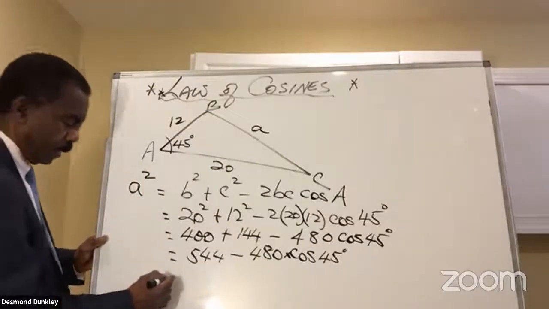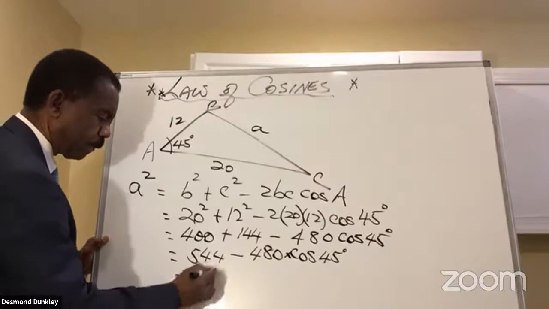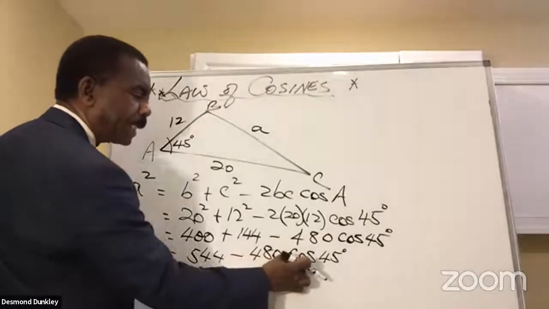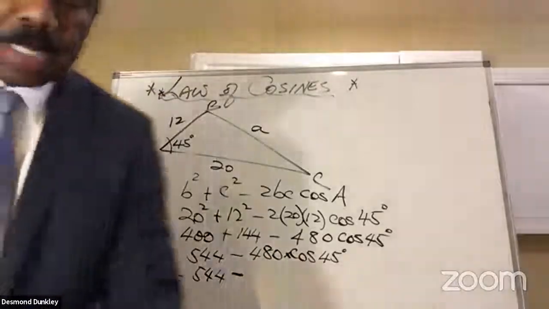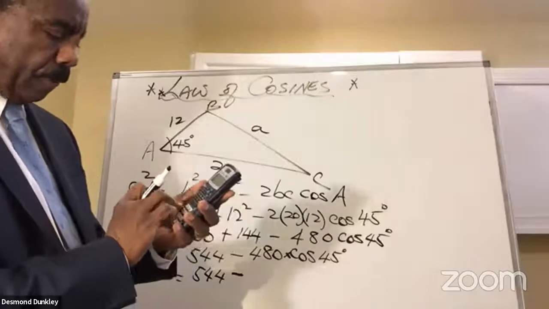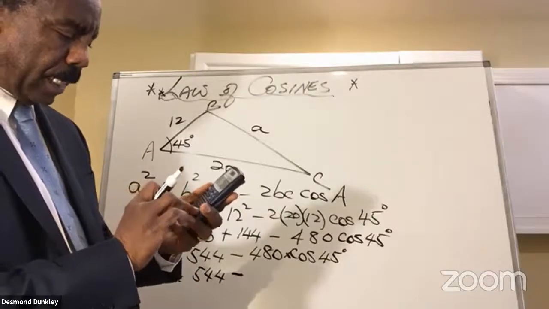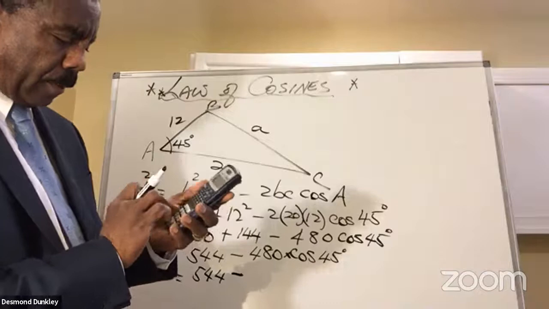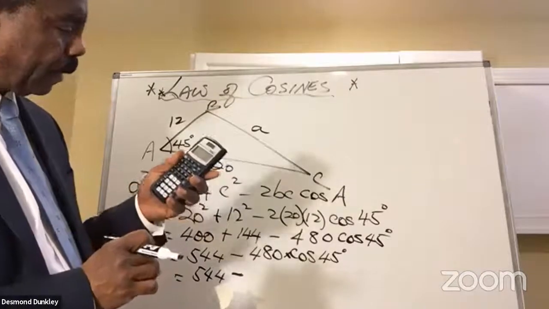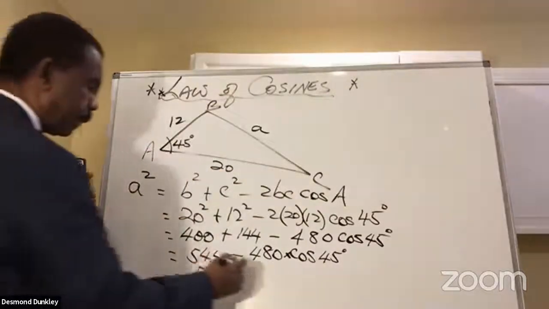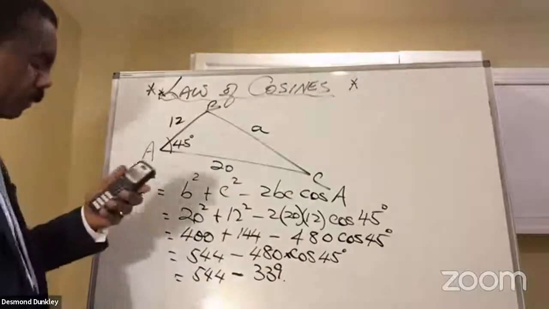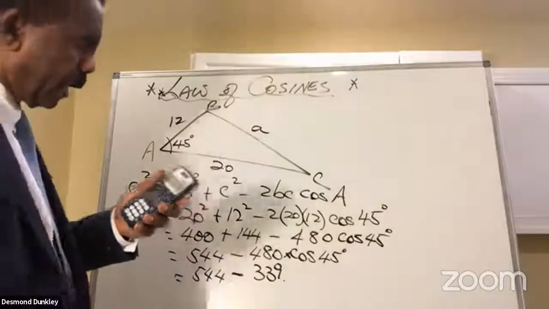So it's going to be 544 minus, now you take 480 and multiply it times cosine 45, and that will give you a number. So that is 480 times cosine 45 degrees, and that gives me approximately 339.41.